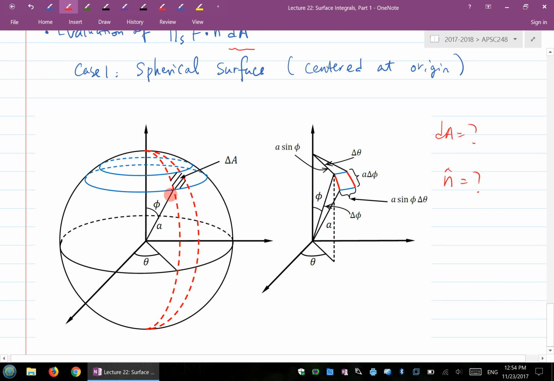So here we draw lines in the theta direction and also the phi direction, so we can literally come up with a small area delta A. This is a sphere with a radius of a, so the a here is the radius.